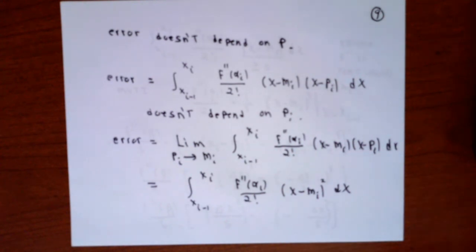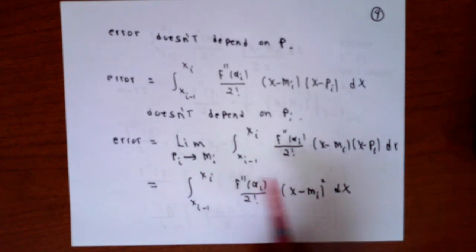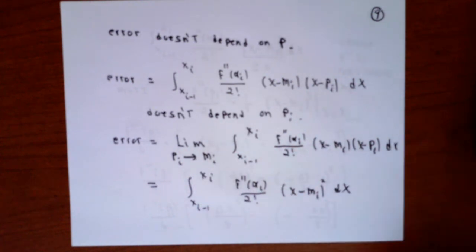What I'm going to do is, I'm not actually going to set the pi equal to mi. I'm going to take the limit as pi approaches mi. It also may not be obvious, but I can bring the limit inside. We'll talk about that in a homework problem.